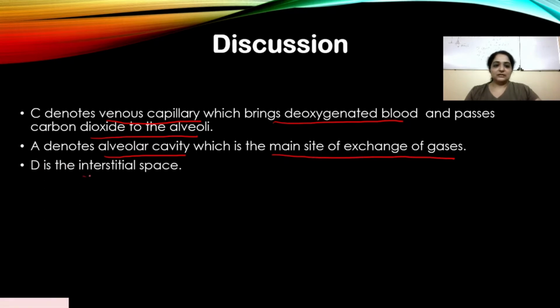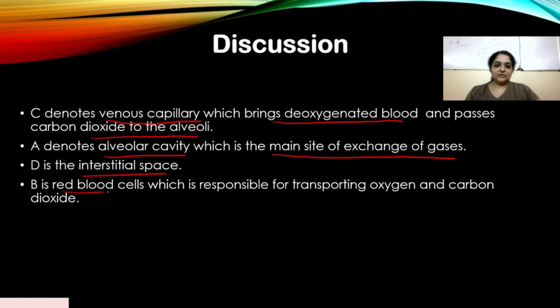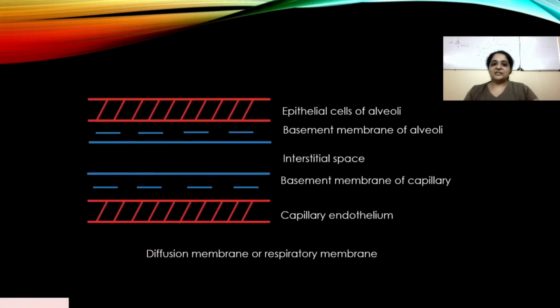D is the interstitial space, like I said, and B is RBC, which is responsible for transporting O2 and CO2. So this was basically the diffusion membrane. You see this diffusion membrane over here. You have your interstitial space in between, you have your alveoli here, and you have your capillary membrane over here. So this is what it represents.